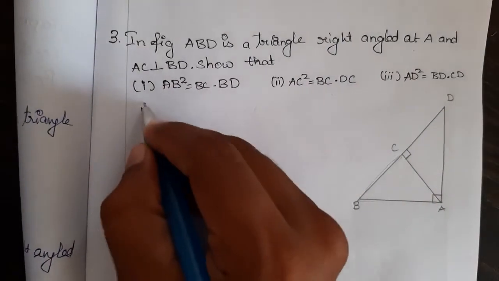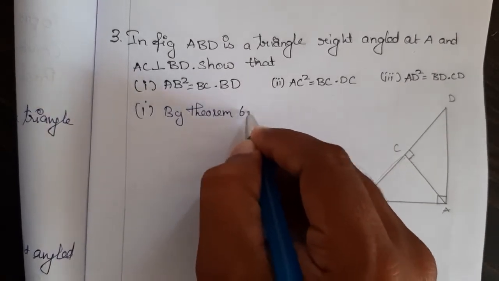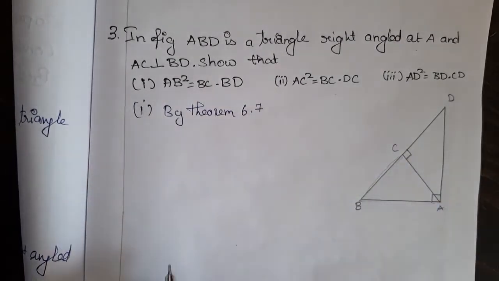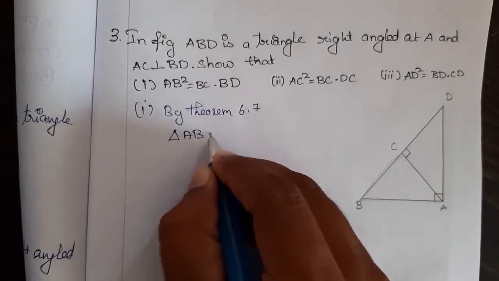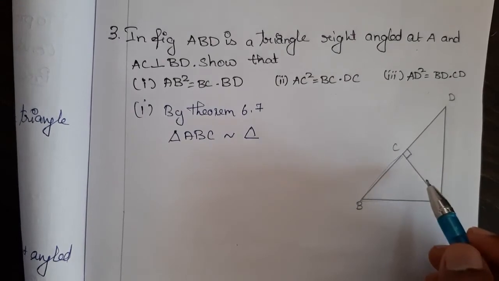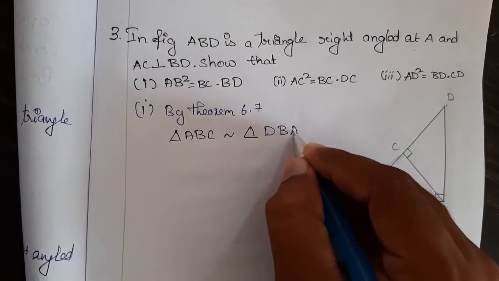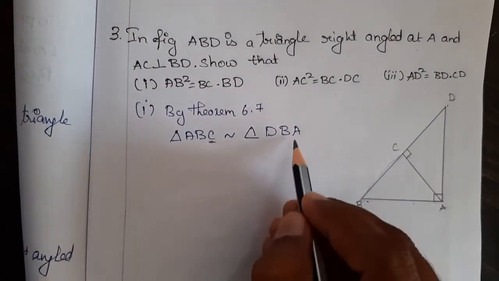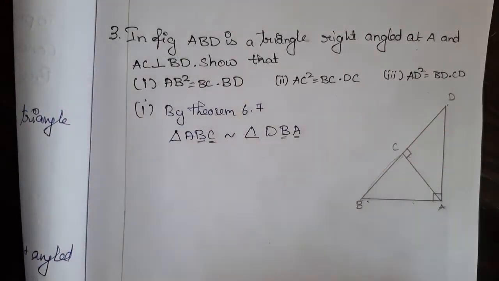So for the first one, by theorem 6.7, the small triangle and the big triangle, right? The small triangle is triangle ABC. So triangle ABC is similar to the big triangle DBA, right? So here just consider that C and A are the 90, and B is common.